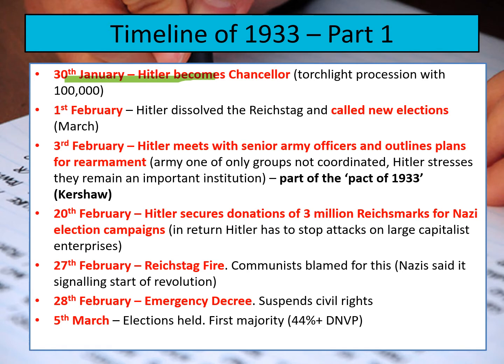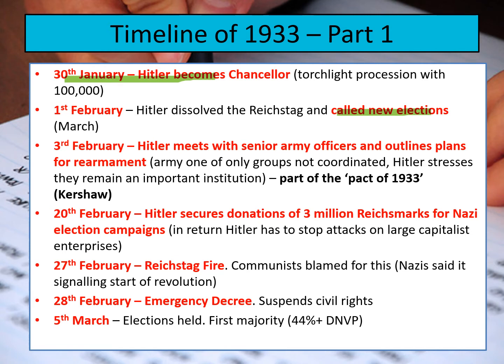So he wanted a new election straight away, hoping to establish the Nazis having an overall majority and being able to pass laws through the Reichstag with ease, which would be no small feat, because there had been such difficulty with getting a majority the entire way through the Weimar Republic.